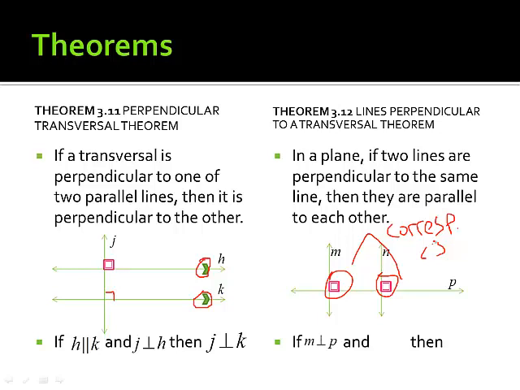So what you can say is if M is perpendicular to P, and we know N is perpendicular to P, then we can conclude that M is parallel to N. And you prove that actually by the corresponding angles converse.